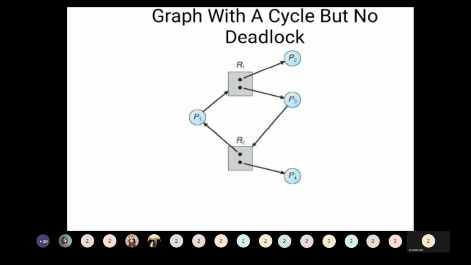In this case, process P1 is requesting a resource instance of R1. But one instance of R1 is assigned to P2, and one instance of R1 is assigned to P3. R1 is not currently free to be assigned to P1.